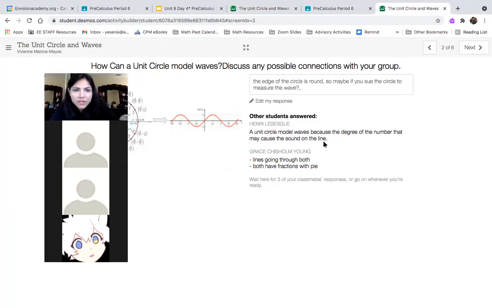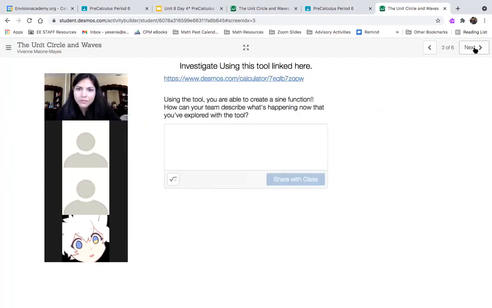Okay, so they're making some connection with the degrees of the number and may cause the sound. Lines are going through both have fractions with pi. So they both notice that the pi's are coming up through both. So they're just in general making some light connections. So it's interesting to see what everyone else is thinking. Let's go ahead and move on to the next part.